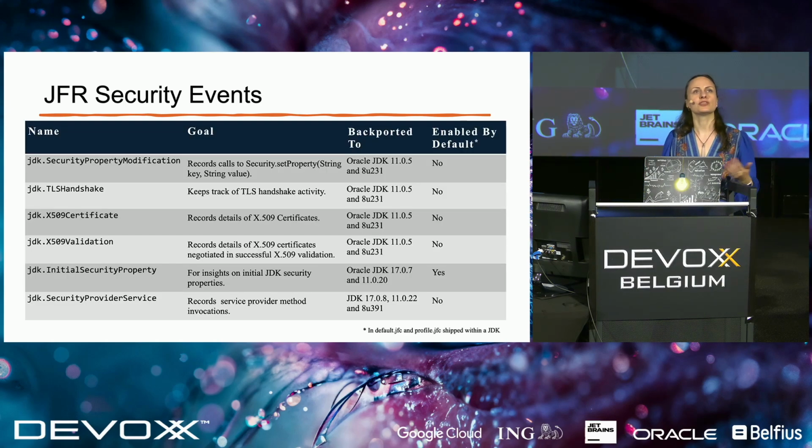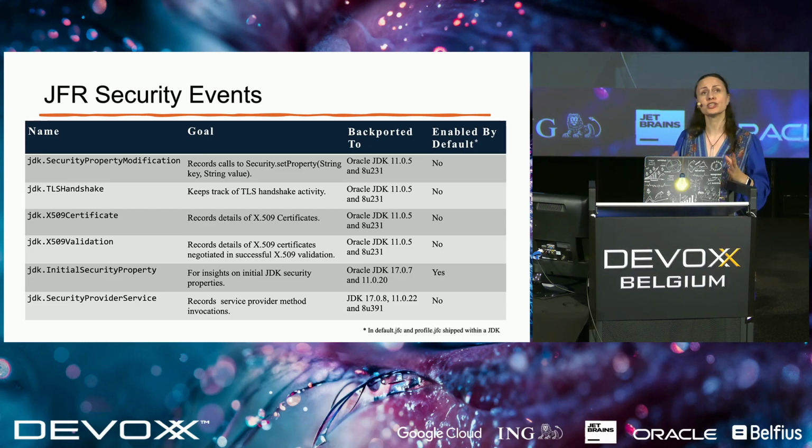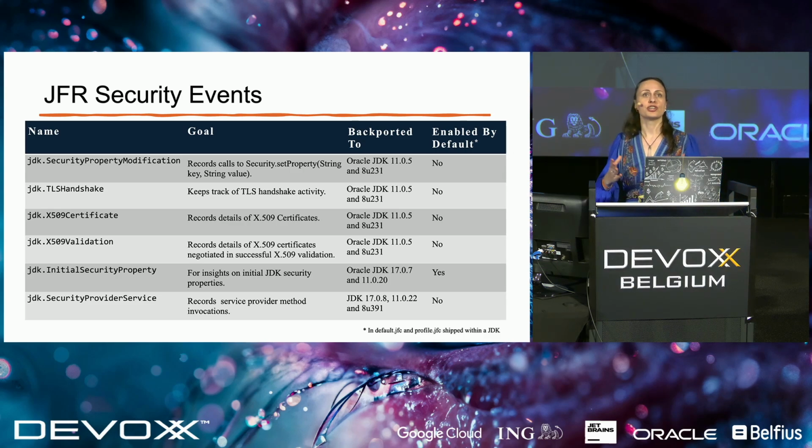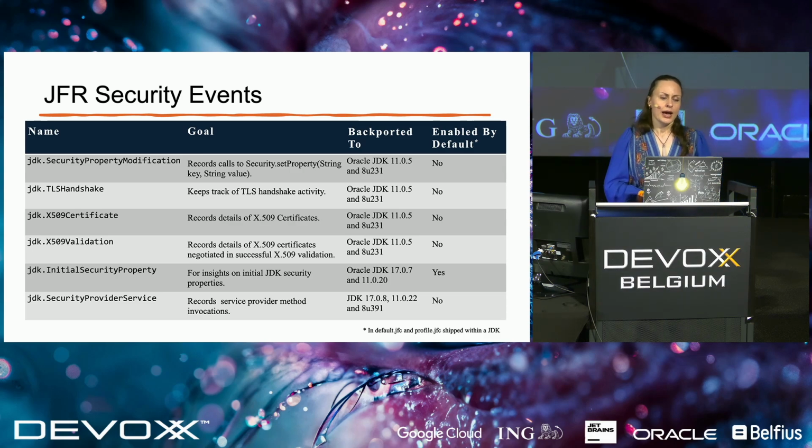And specific to security, there are a few events concerning security. There are 6 events, and what you see here in the table is the order in which they were introduced in the JDK. Starting with JDK 12, there are 4 JFR security events that are disabled by default in the shipped configurations for JFR, the default.jfc and profile.jfc that you can probably see in your JDK locally and remotely.